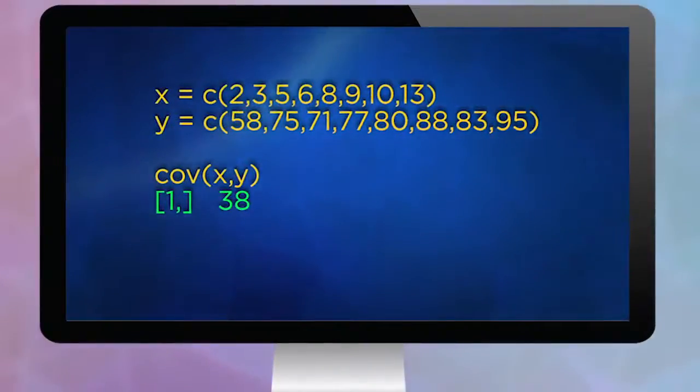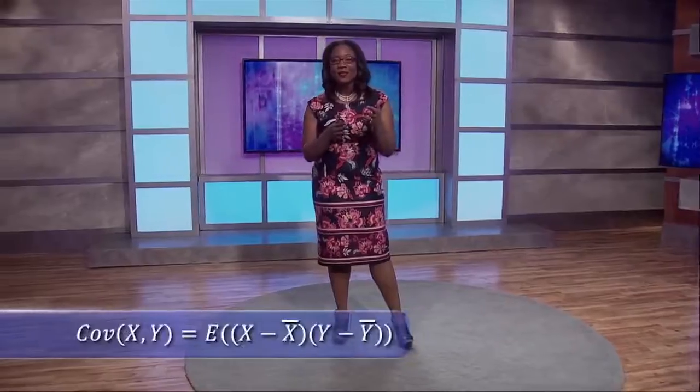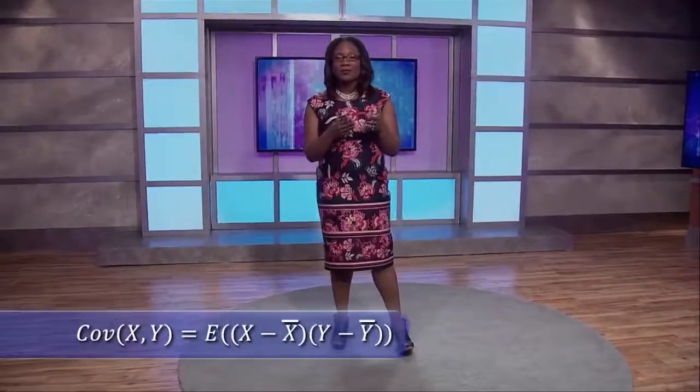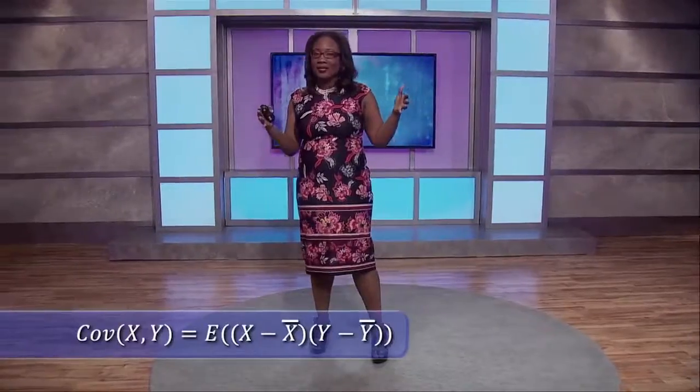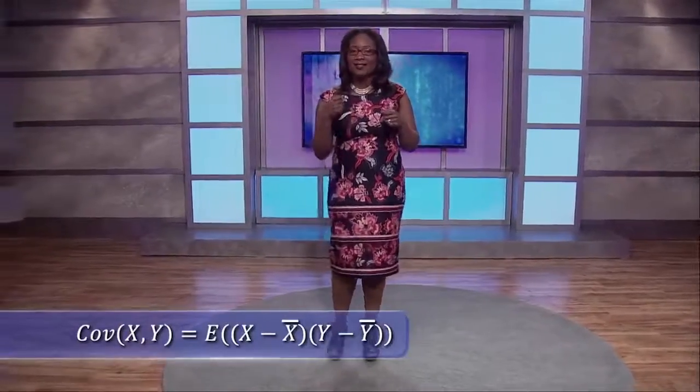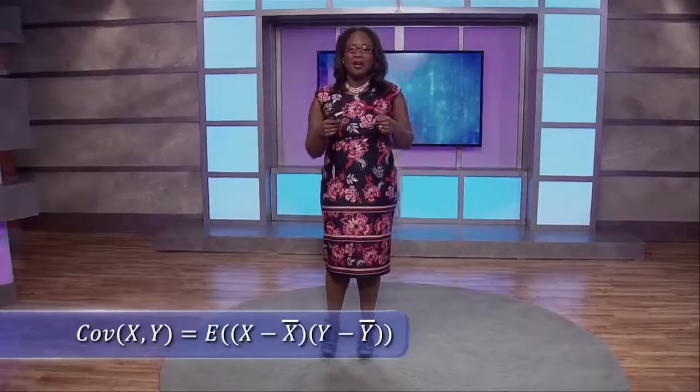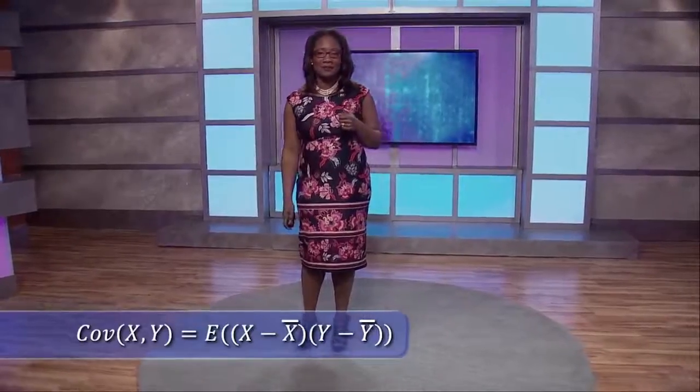Here you can see the covariance of X and Y is equal to 38. Now, formally, when we're thinking about covariance in terms of random variables, we can write it in random variable notation. In this case, the covariance of X and Y is equal to the expected value of the quantity. So we're taking the product here of X minus its mean times Y minus its mean.